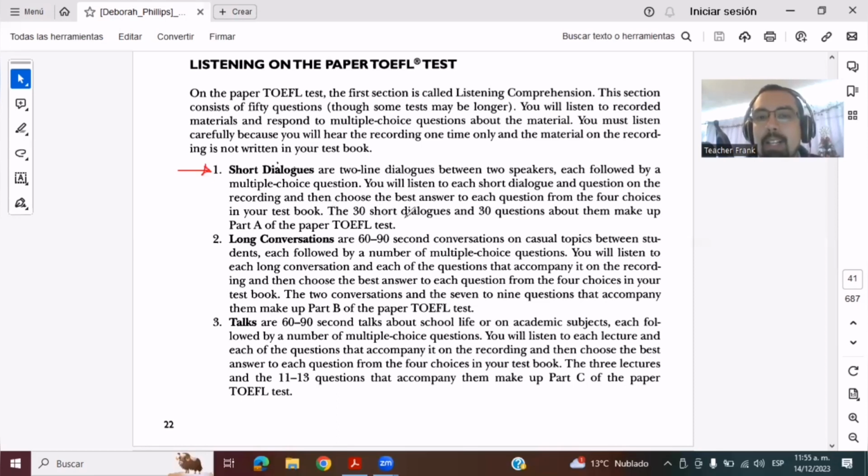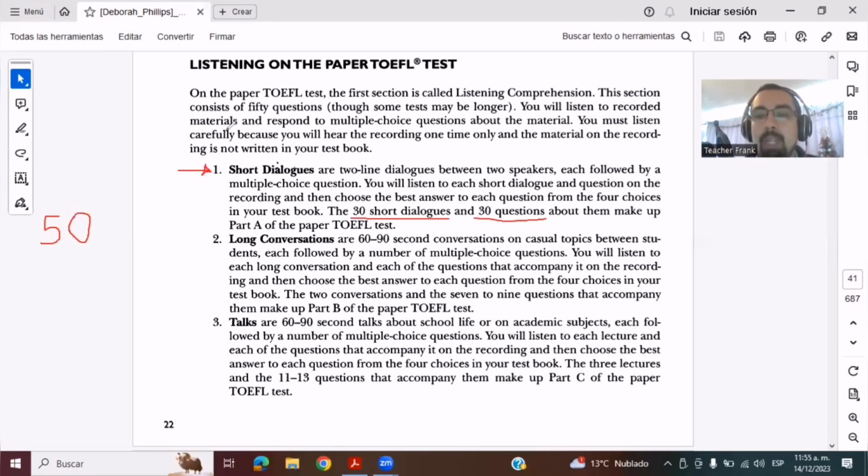So these are 30 short dialogues, and there are 30 questions, one for each of those short dialogues. In total, you're looking at more or less 50 questions in the listening part of the TOEFL.